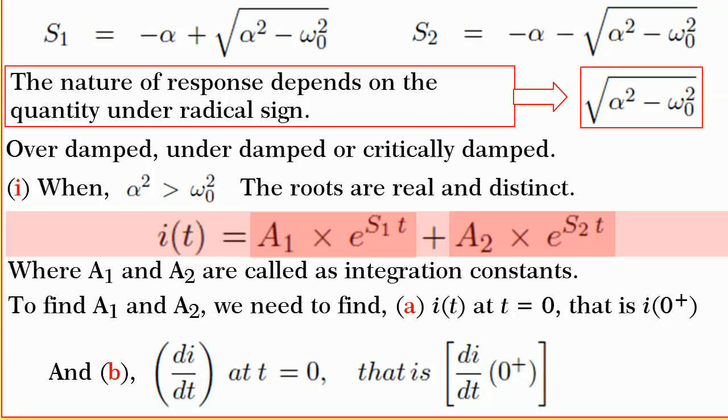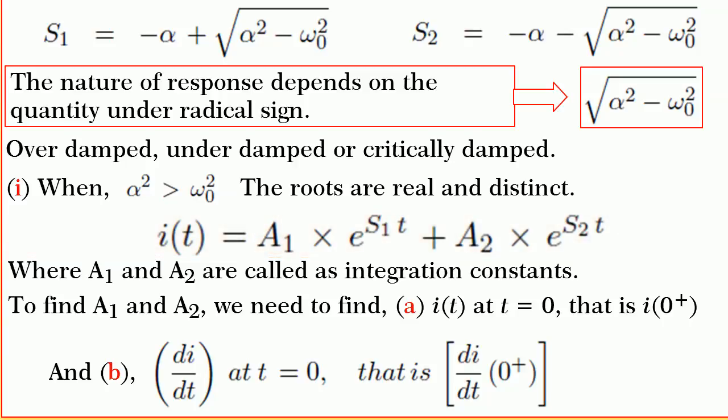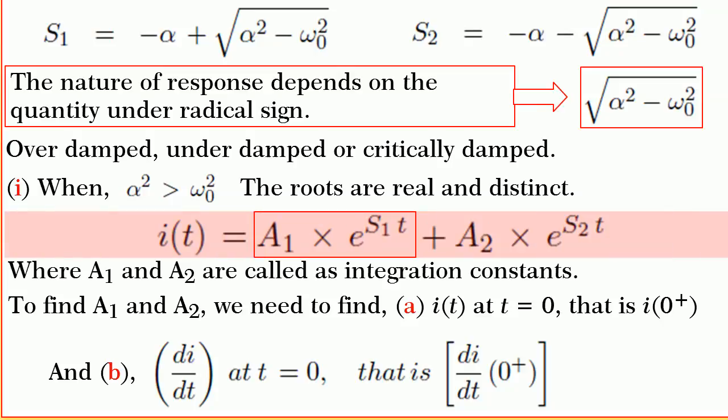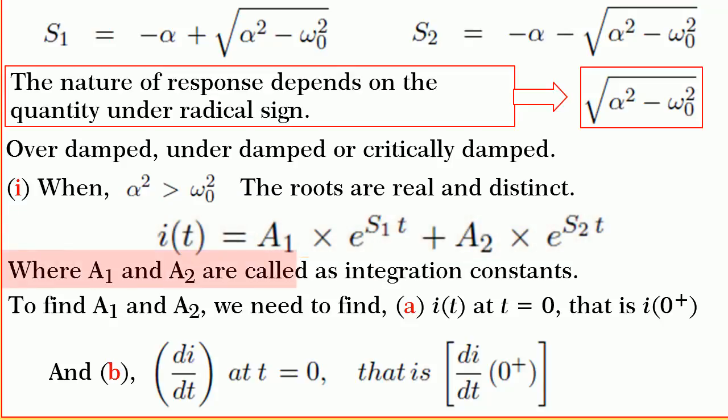So, the solution for i of t can be written as i of t is equal to a1 into e to the power of s1t plus a2 into e to the power of s2t, where a1 and a2 are integration constants. Friends, that is what I said, that there will be two integration constants you can see here.